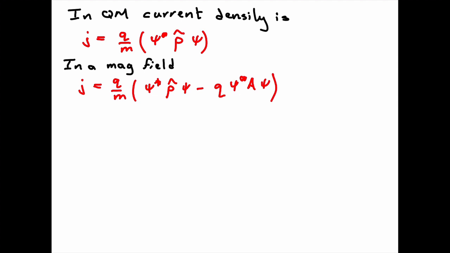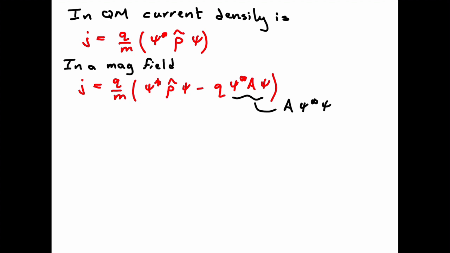Now just to note something here: A will commute. It's just a vector. So I can quite happily replace this with A psi star psi.